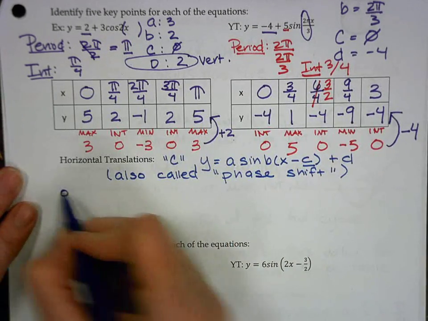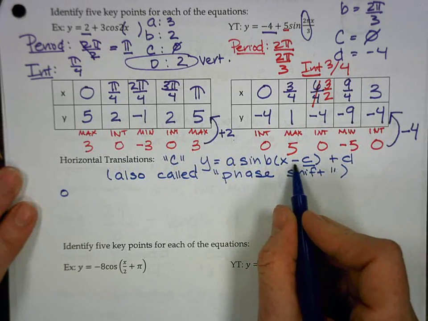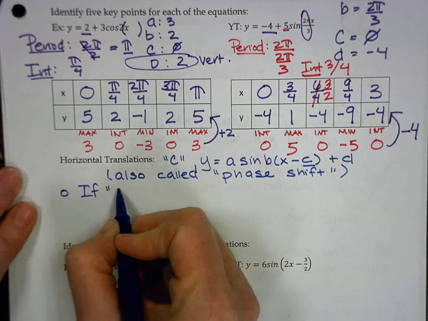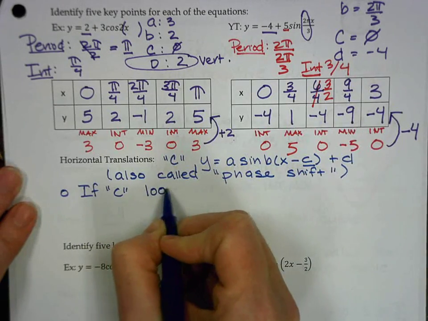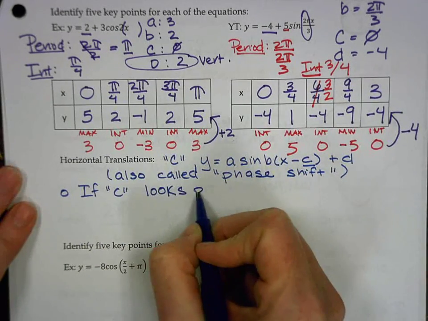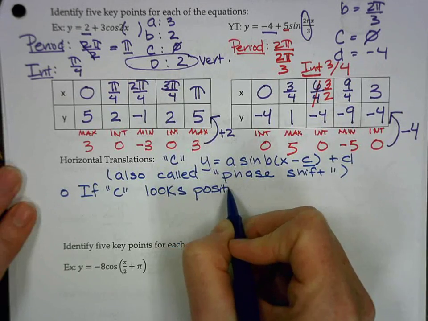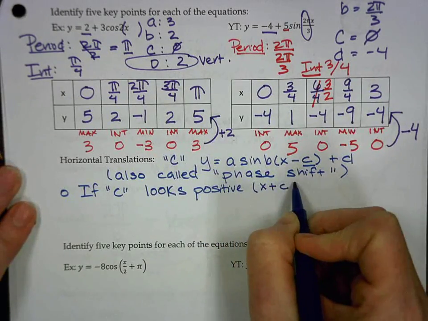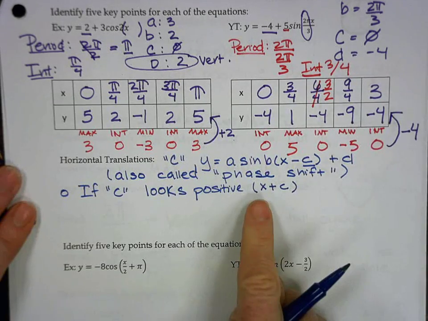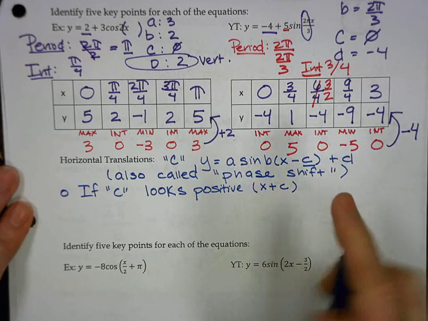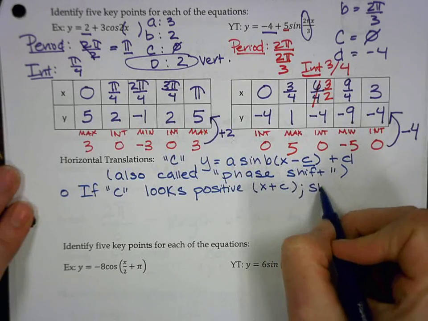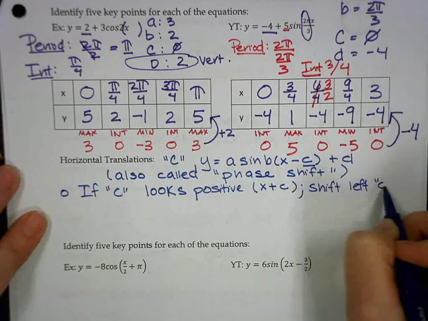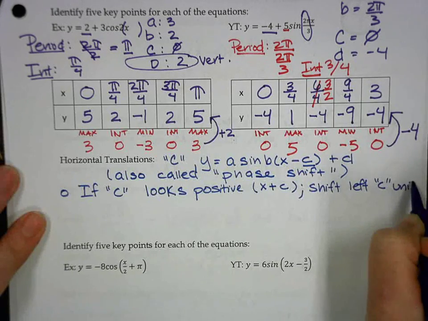So now with the x minus C, if C looks positive, meaning that the value is x plus C, what's really happening? It's really x minus a negative C. So it shifts left C units.